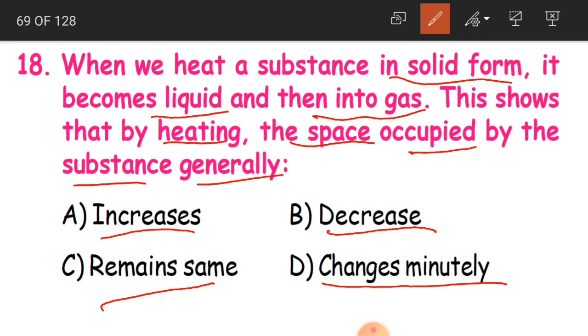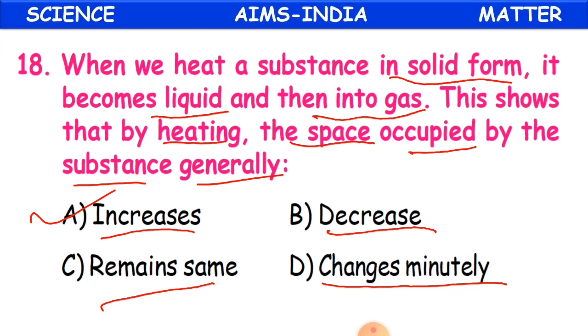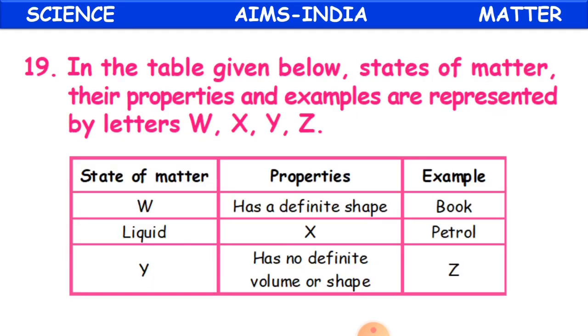Minutely means a very small change. The answer is increases. The space is going to increase, because it becomes liquid and then changes into gas. Okay, children, the space between the molecules is increasing.